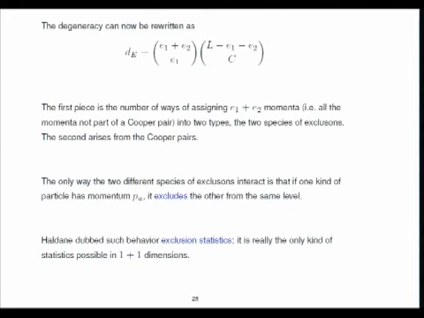And why they got named exclusons a while back is that the only way these 2 different species can interact is if one particle has momentum P, say an excluson of type 1, then an excluson of type 2 can't have that momentum. This is exactly what Duncan Haldane dubbed exclusion statistics.